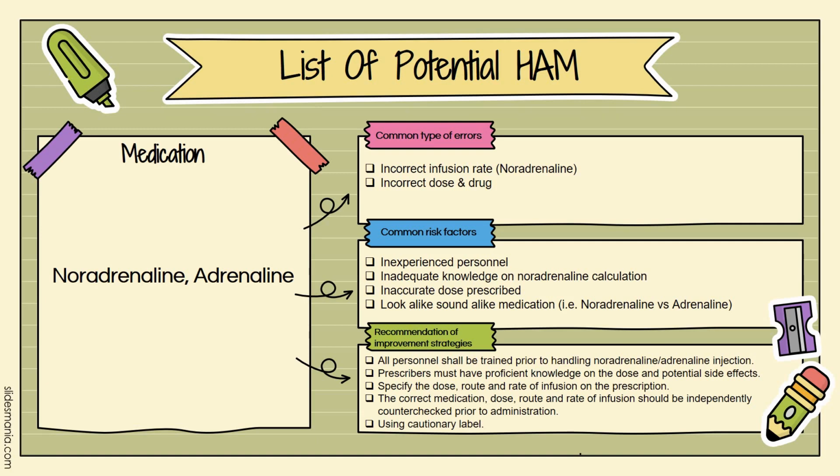The recommendation of improvement strategies include all personnel shall be trained prior to handling NAD or adrenaline injection. Prescribers must have proficient knowledge on the dose and potential side effects. Specify the dose, route, and rate of infusion on the prescription. The correct medication dose, route, and rate of infusion should be counter-checked before administration, and then use a cautionary label.